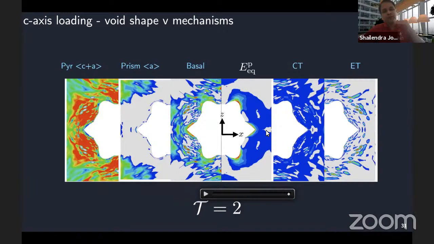If you have particular types of twin boundaries that intersect with void surfaces, they lead to plastic localization at those intersections, and that is what is giving rise to this sharpening effect. If you recall, that gives us some remnants of what those experiments showed in terms of sudden merging of voids by cracking between the intervoid ligaments. That may be something that might happen in such scenarios.